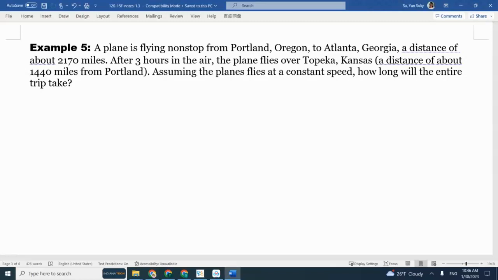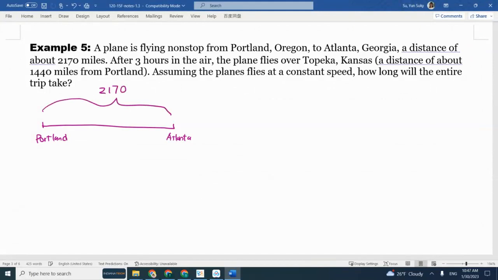Okay, so in this case, we gotta draw a picture. Portland to Atlanta. And the distance is 2170. And here, this is Topeka. This distance is 1440. Right, everybody?